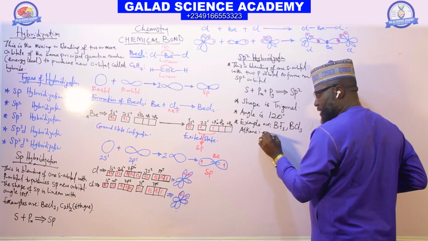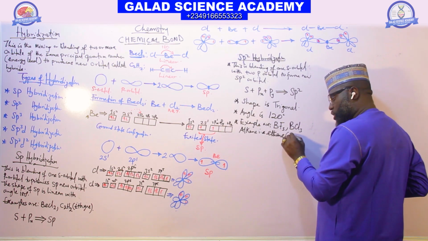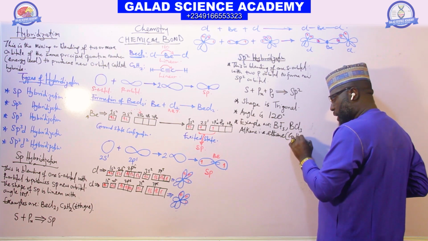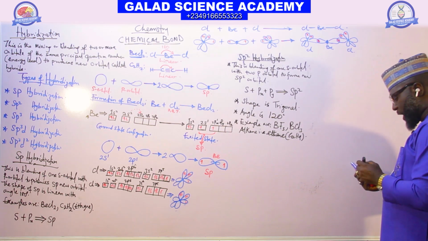Example of alkene is ethene, which is C2H4. This is sp2 hybridization.